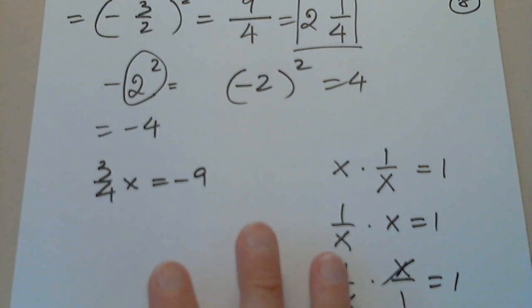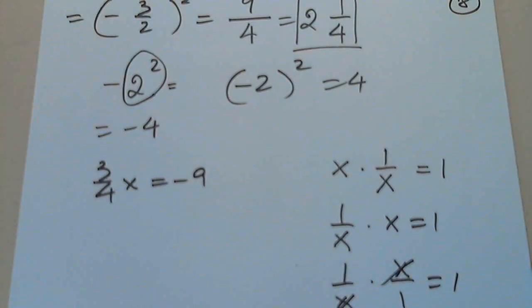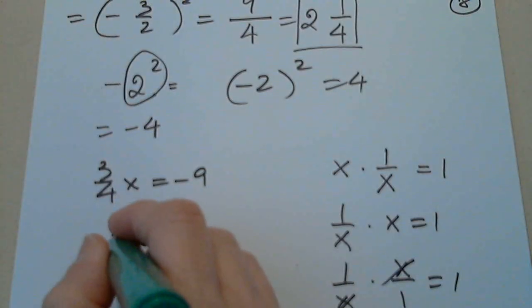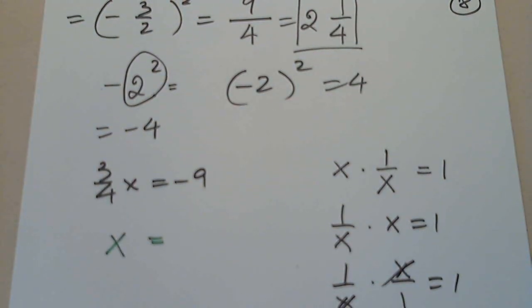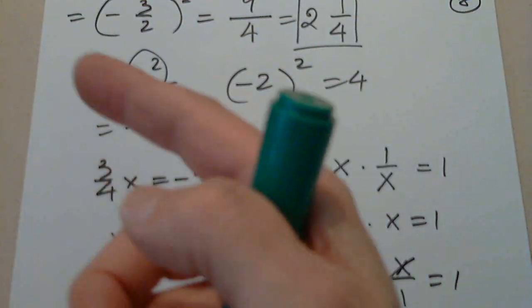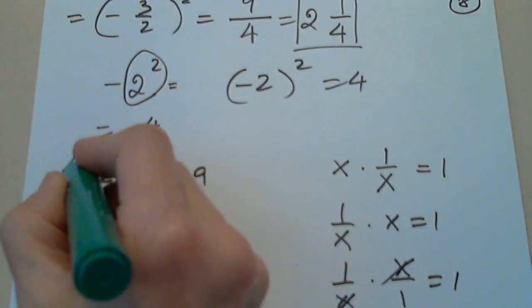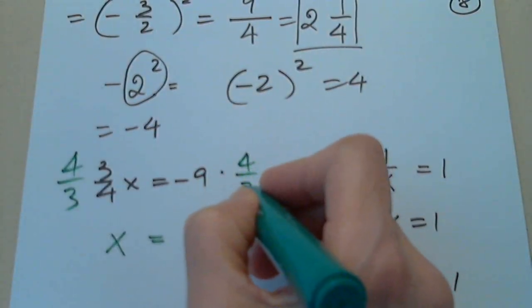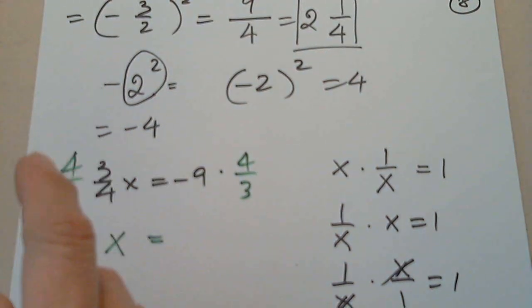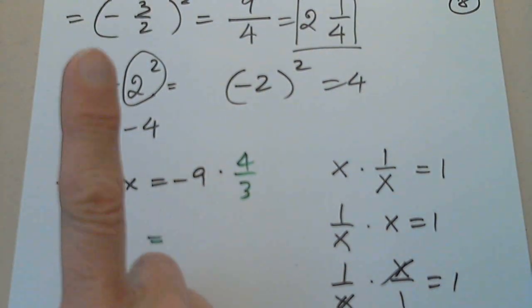So therefore, right here, what should I multiply by to get just 1x on the left-hand side? 4 over 3. Excellent. Indeed. Why? Because 4 over 3 and 3 over 4 give me 1.